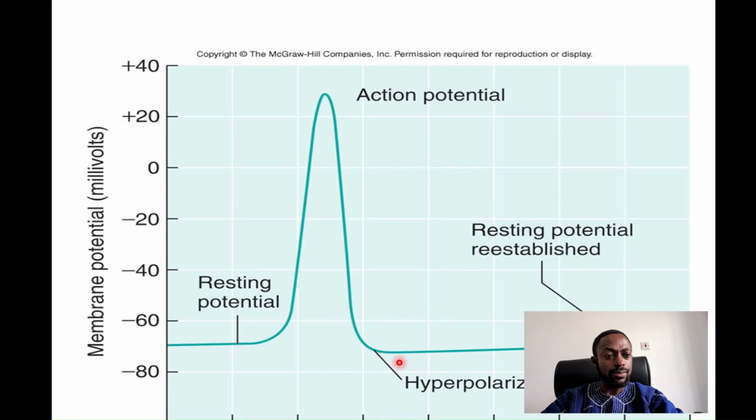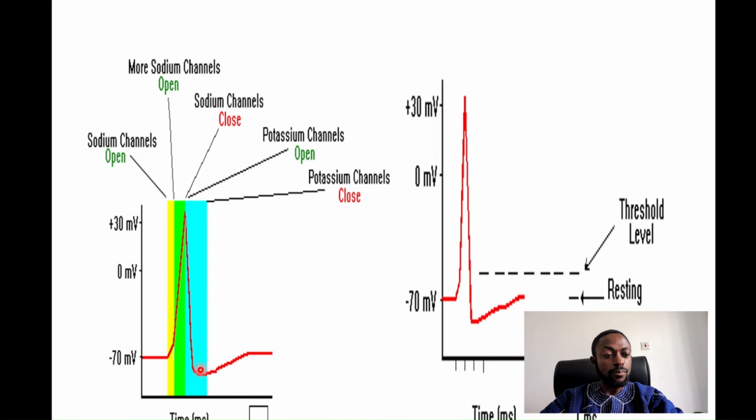Then another thing happens. Before the next cycle of action potential can happen, there should be a refractory period. Refractory period is when the cell tries to restore the membrane potential back to a resting state. So until a resting state is achieved, we cannot start the next cycle of action potential. So take note, before the next cycle of action potential can begin, the membrane potential needs to come back to a resting membrane potential of minus 70 millivolts.